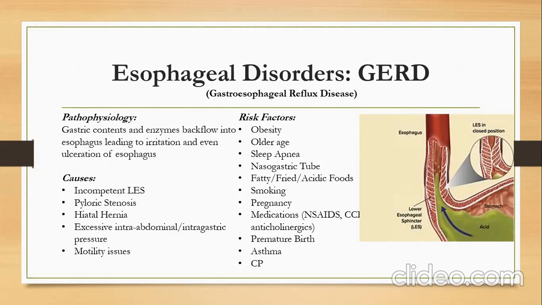Sleep apnea, and pretty much asthma and any other COPD, any respiratory disorder, because of the way the trachea and esophagus are right next to each other, and you're having bronchotracheal spasms and stuff like that with those respiratory disorders, they often have issues with GERD.